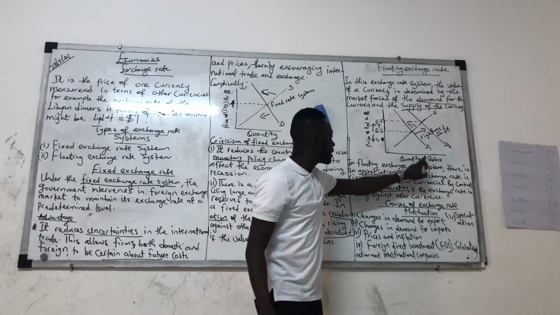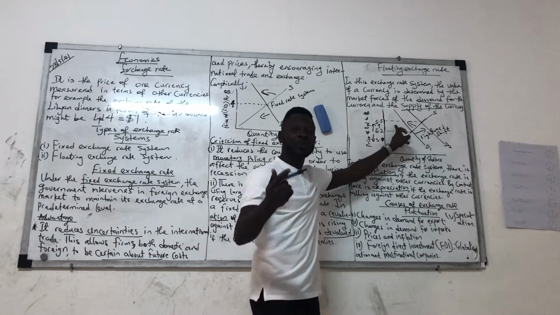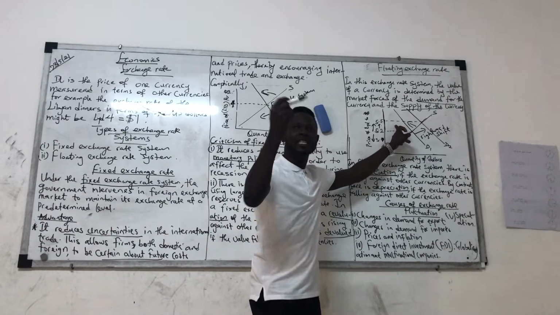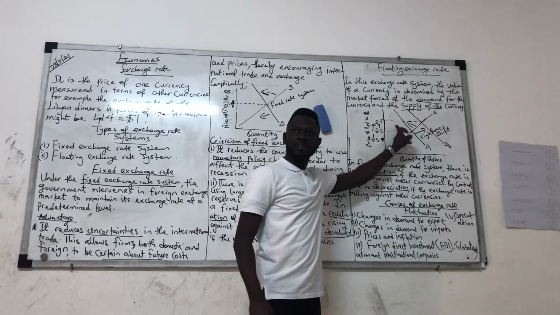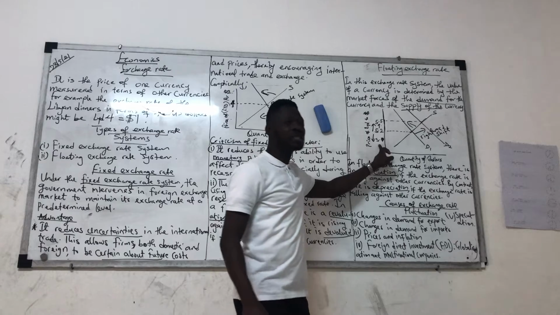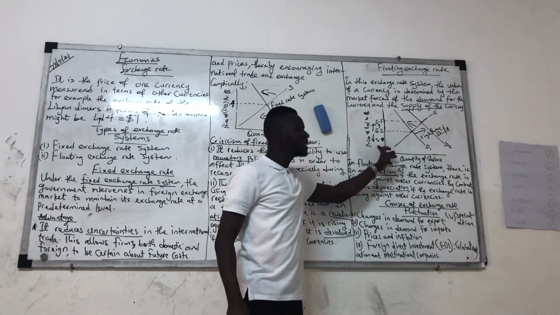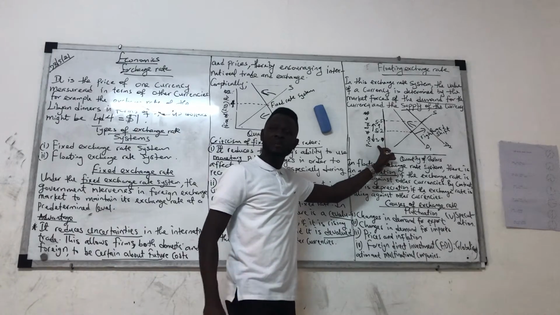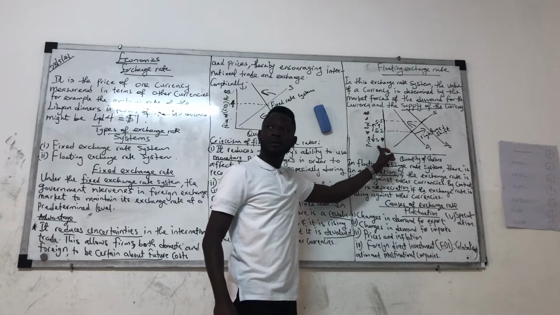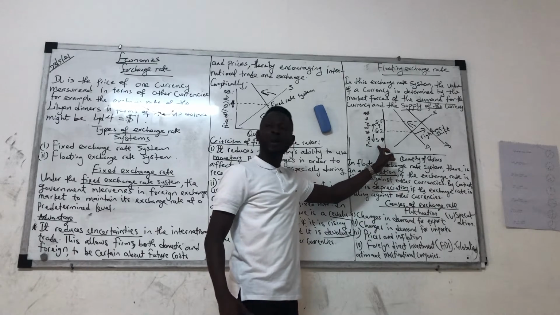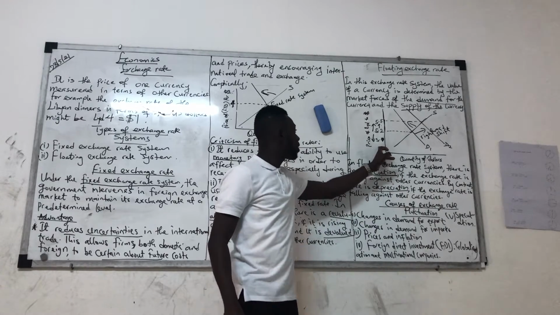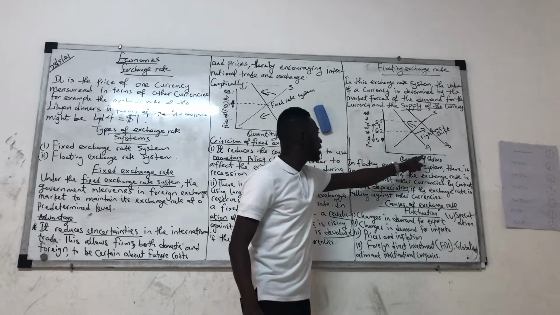If the supply of dollars shifts leftward, it means the dinar will rise against the dollar. So instead of 5.2, it might come to what? 5.0. So this is what we call what? Appreciation or depreciation? This is appreciation. Appreciation. Yeah, because the dinar has risen against the dollar.